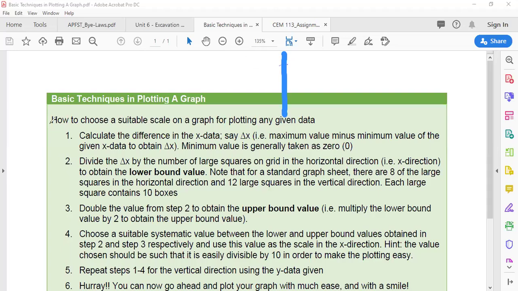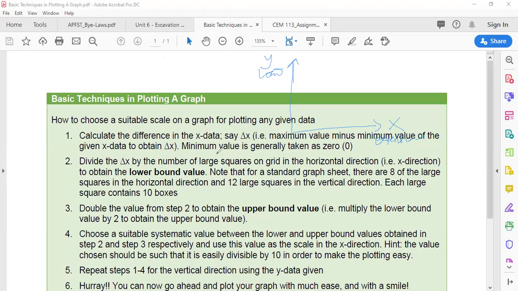This is the y-axis, and this is the x-axis. Our y is the load, and our x is the extension. Everybody here should know that per our graph, the y-axis represents the load, and the x-axis represents the extension.